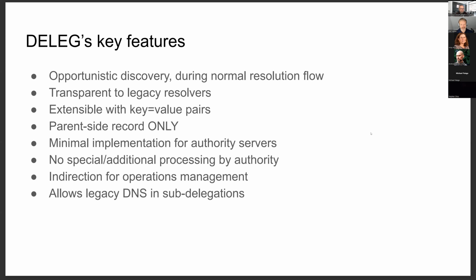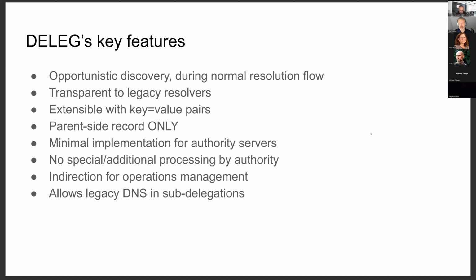DELEG will be parent side only, and it will not require any special processing, other than the regular stuff we have to do with delegations, putting it in the authority section and so on.